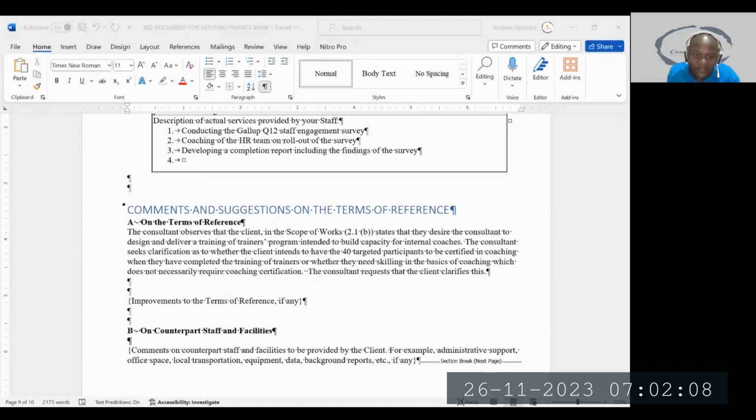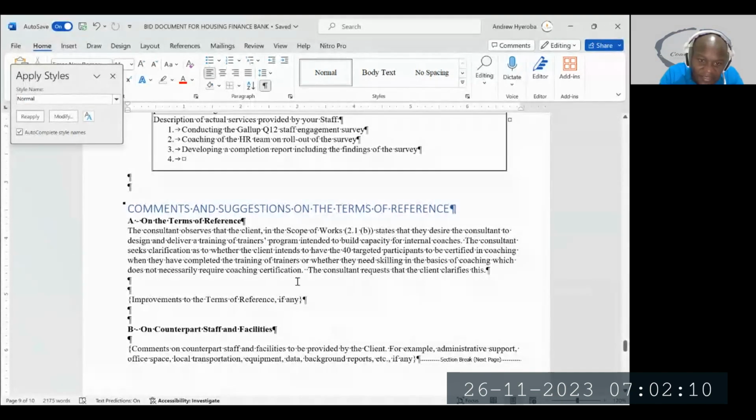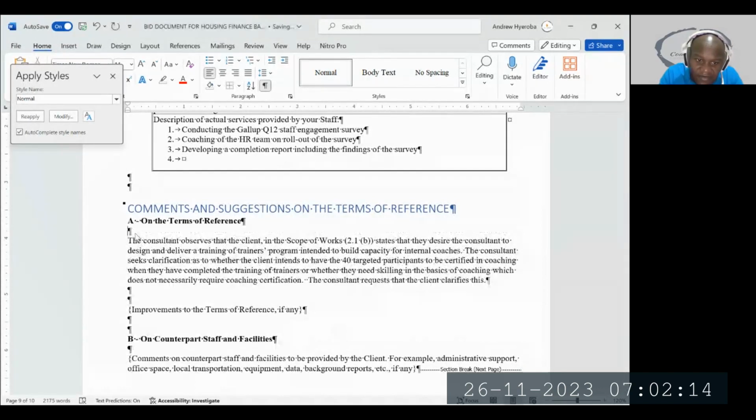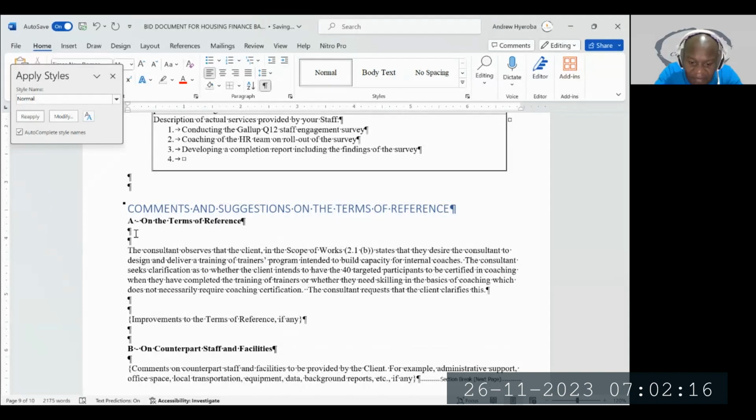So in our comments to the terms of reference, on each comment I'll be saying training for certification or training for skilling without certification.